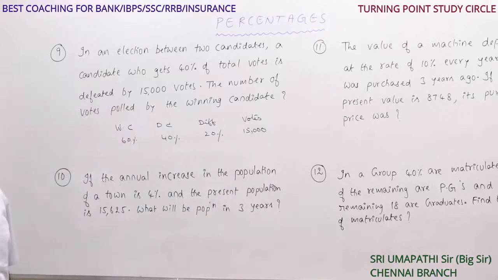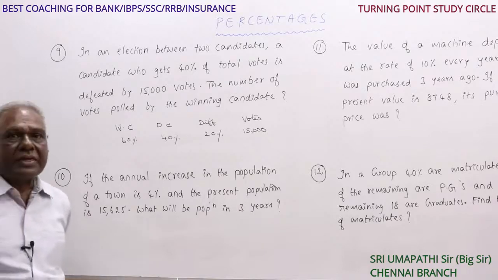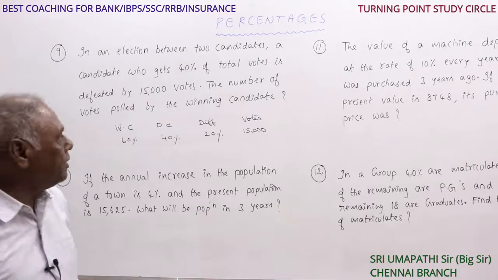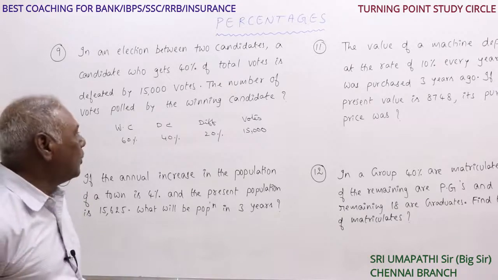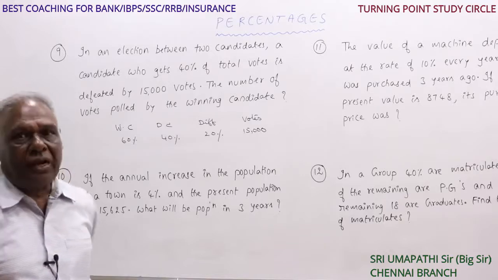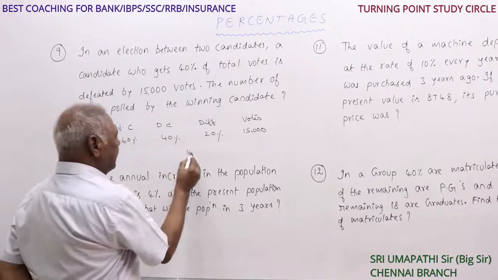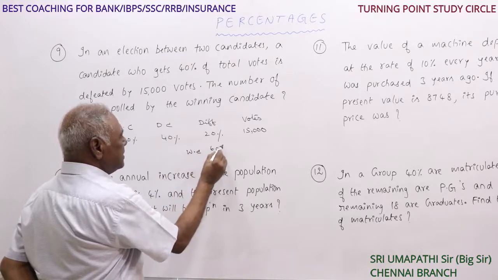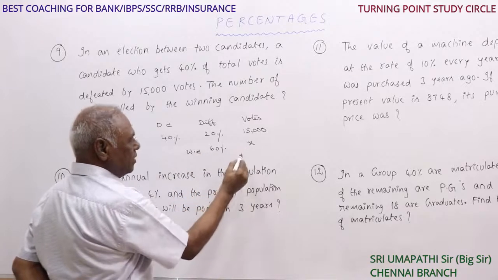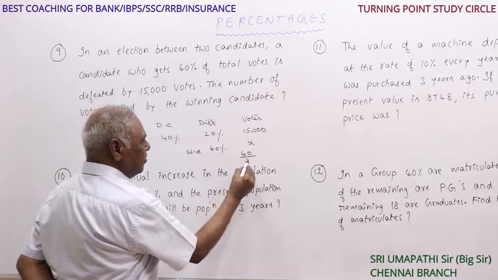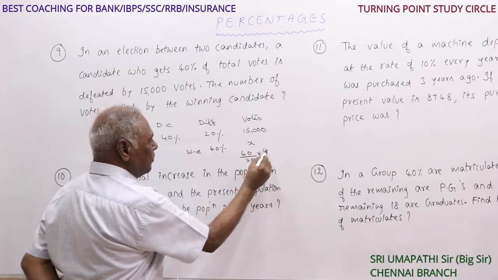In the problem it is asked the number of votes polled by the winning candidate. So 20% is equal to 15,000. What is 60%, the winning candidate? So it is 60 by 20 into 15,000.